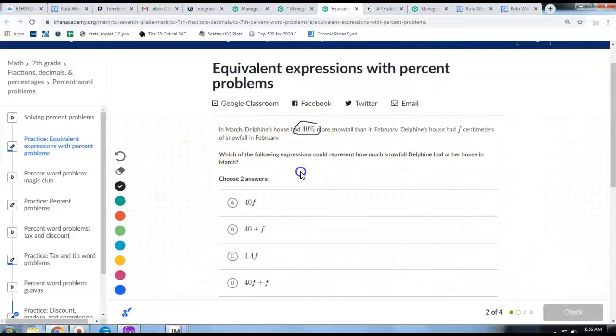Delphine's house had 40% more snowfall in March than in February, and F is the amount in February. So in February, we had F centimeters. In March, we had 40% more. So we had the same F we used to have, plus 40% of F.